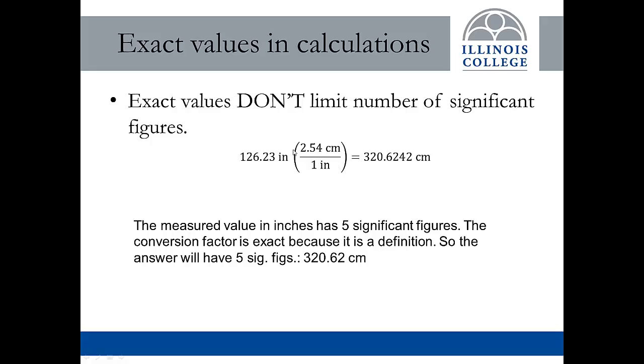But this is an exact value, so it won't limit the number of significant digits in your calculation. It is as if it has an infinite number of significant figures. So this first number then has 1, 2, 3, 4, 5 significant figures. So we're going to report our final answer to 5 significant figures: 1, 2, 3, 4, 5, and we don't need to round that 2 because that's a 4 right there.